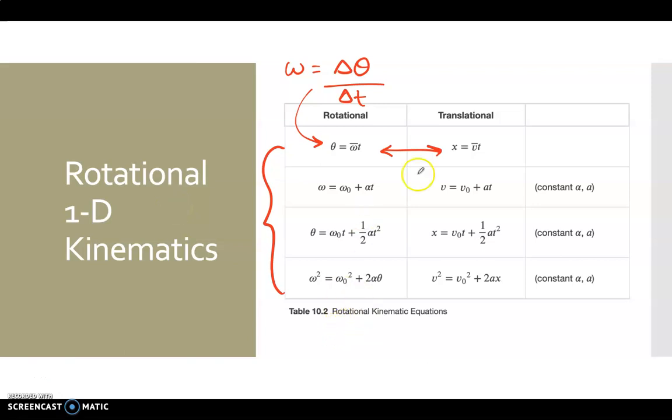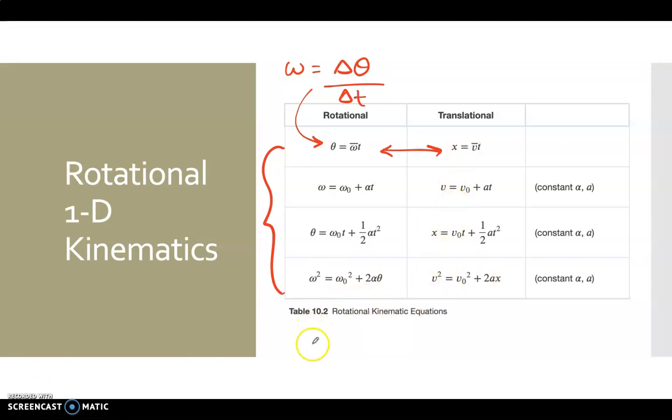All right, so we're back looking at our kinematics of our rotational motion, okay? So we were looking at these equations and I just wanted you to take note of their relation with our translational motion, which is our normal x, y motion that we looked at previously.